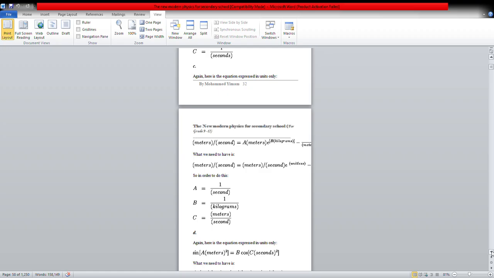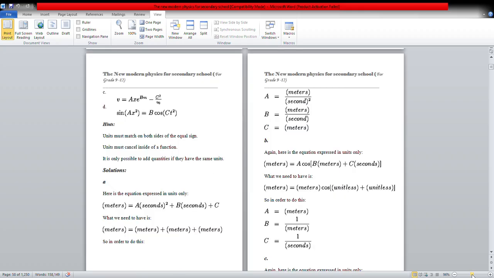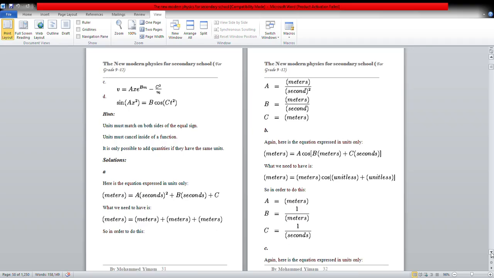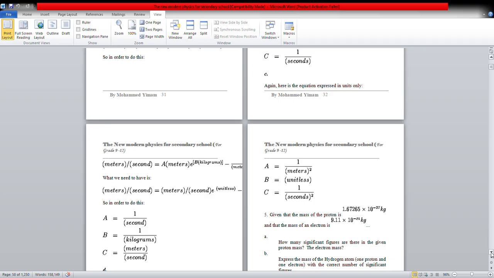Meters over second is equal to A times meters to the power of B times kilograms to the power of C minus 1 over meters.